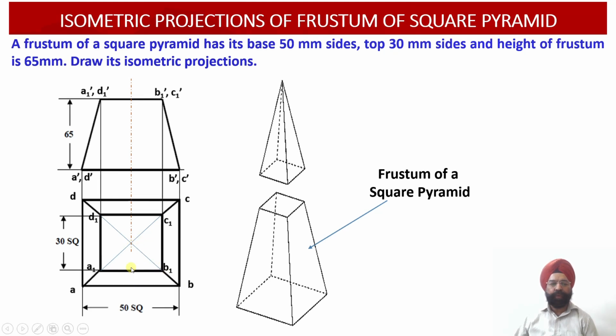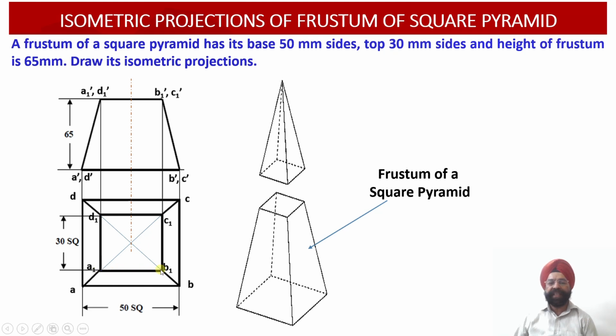As I move towards the axis, at whatever point I get an edge length of 30 millimeter between these two slant edges, I stop there. It means the top portion has been obtained.